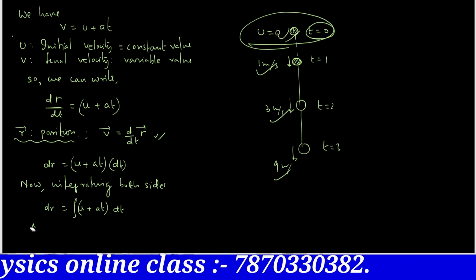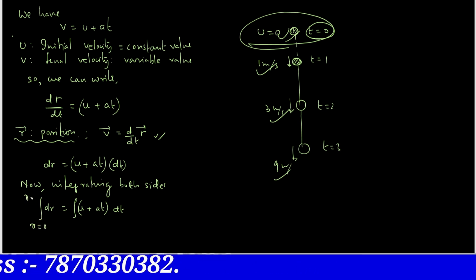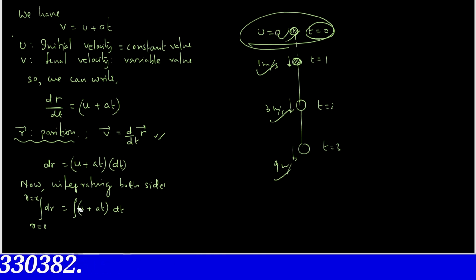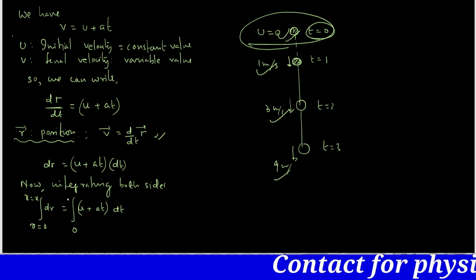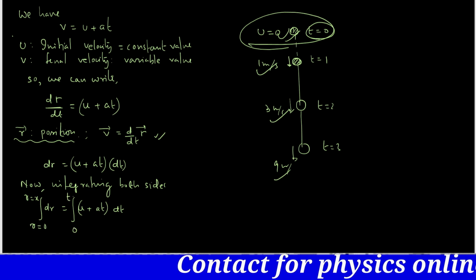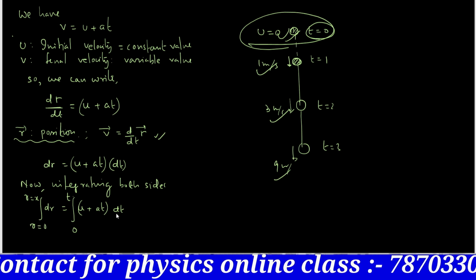Or you can say r equal to 0 and r equal to x. Here t is 0 and the upper limit is t. Did you understand? Yes, I understood this.